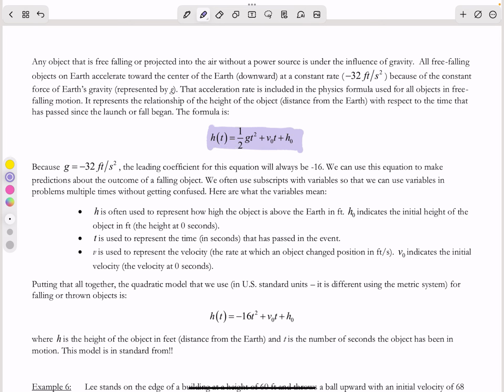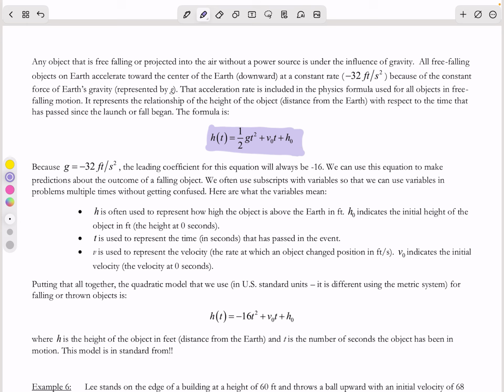By the way, this formula governs things that are in what we call free fall. Now, free fall doesn't mean like you're falling from the sky. I mean, it could mean that. But it means like when you throw a baseball to a friend or a football to a friend, or you hit a golf ball, or you launch a rocket, or you're feeling silly and you throw a stone off a cliff into the water to watch it splash.